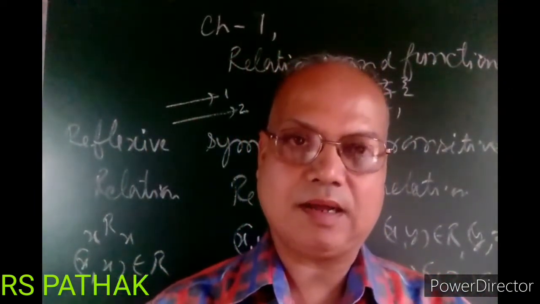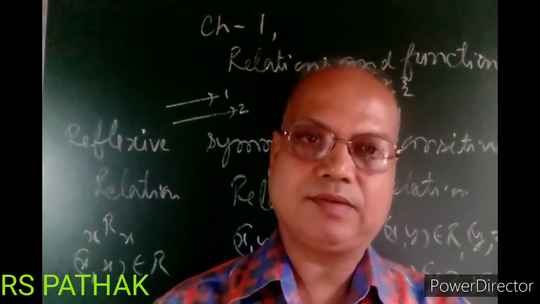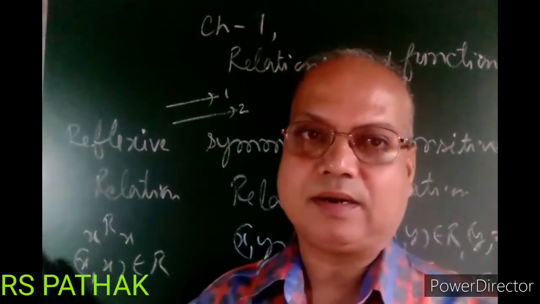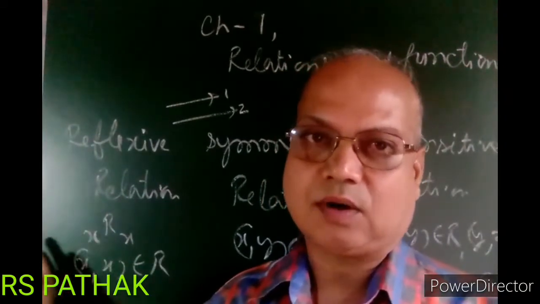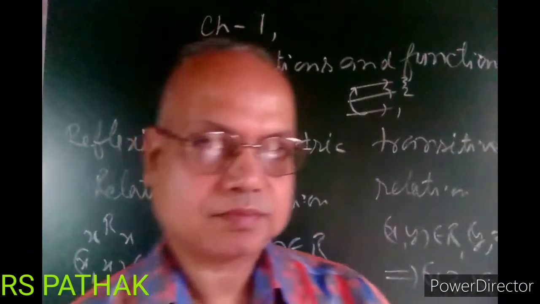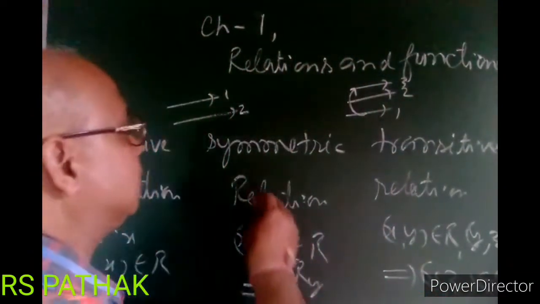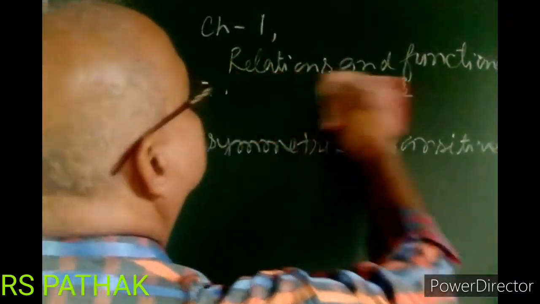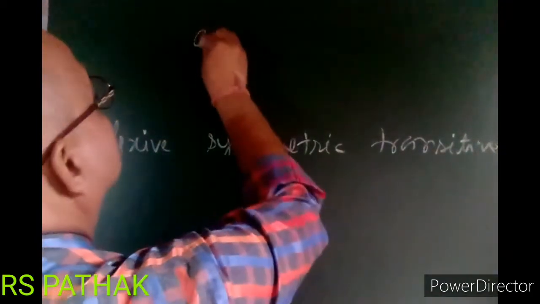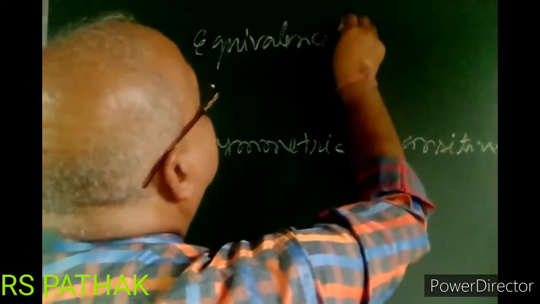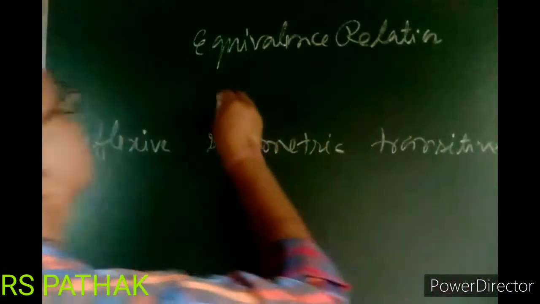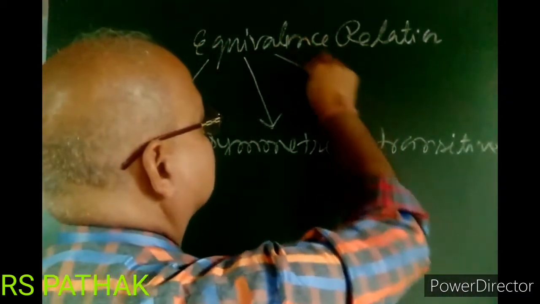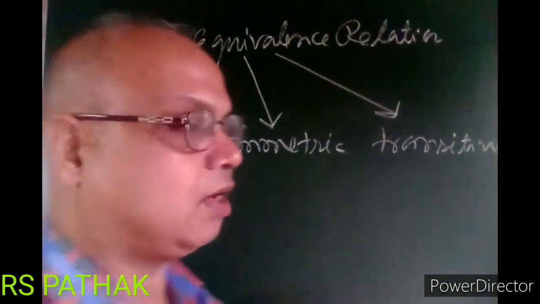Equivalence relation can be defined as the relation which satisfies the three relations together, not one, not two, but all three together. Clear? An equivalence relation satisfies reflexive, symmetric and transitive relations together. Then it is called an equivalence relation.